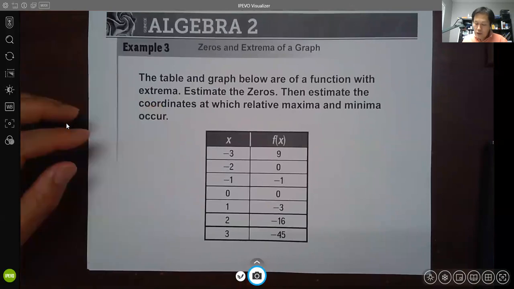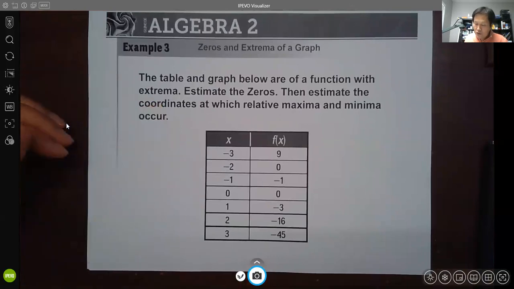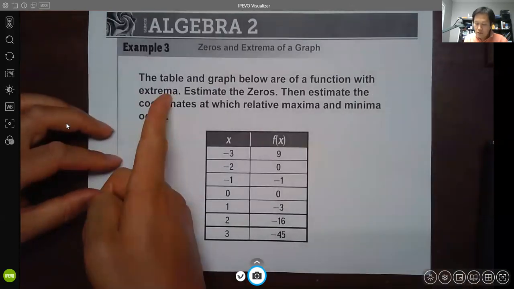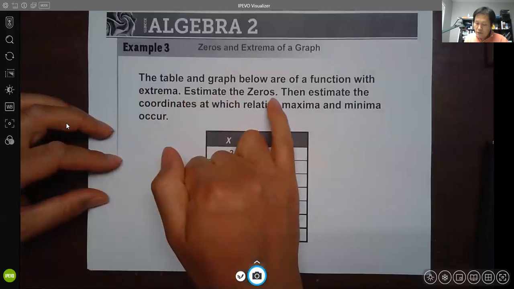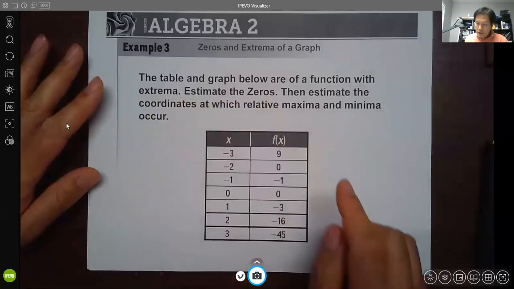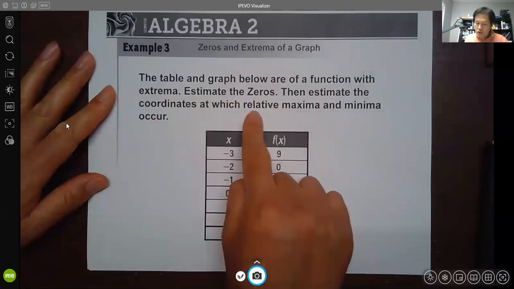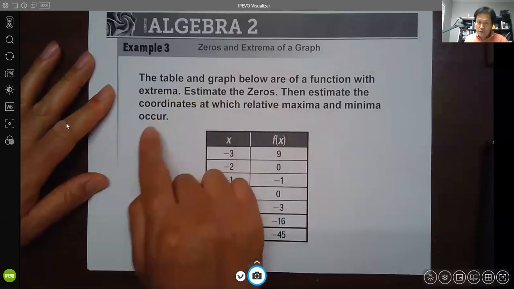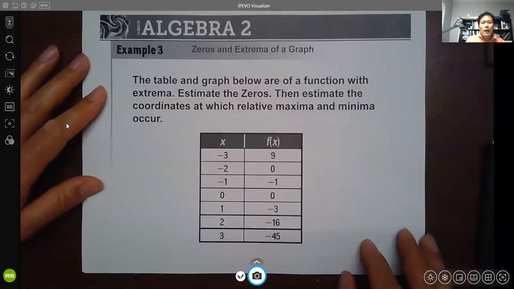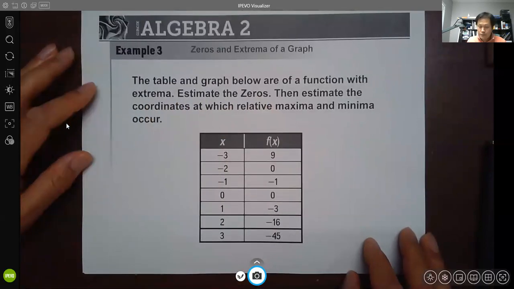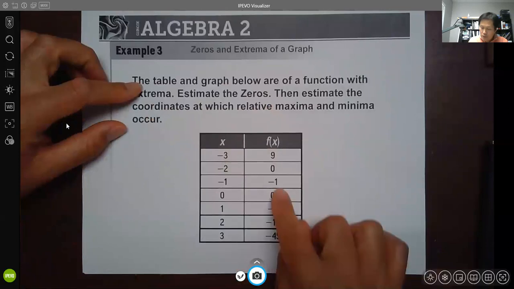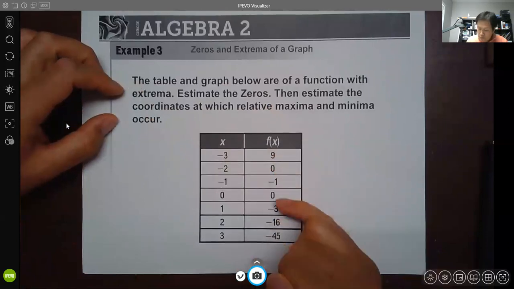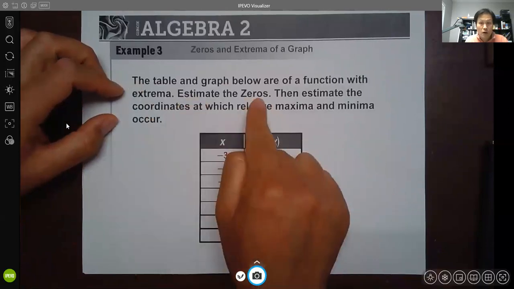The table and graph below are of a function with extrema. Estimate the zeros. Zero means x-intercept. Then estimate the coordinates at which relative maxima and minima occur. So pay attention to the y value. Where the y value is 0, that's where the zeros are.